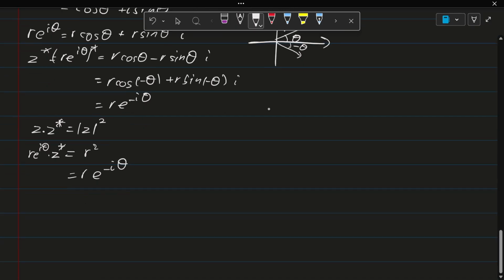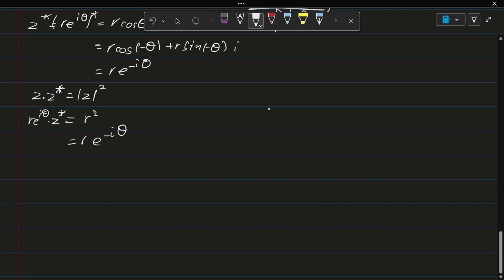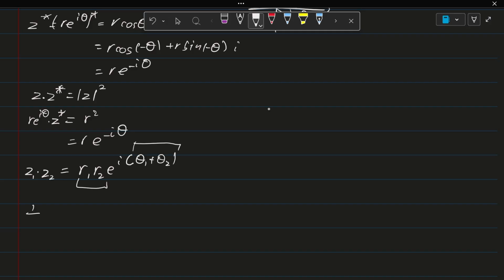Another thing is about multiplication. Let's just do this multiplication straight away. z1 times z2. What does that mean? This is just r1 times r2 e to the power of i (theta1 plus theta2). So it pretty much multiplies your magnitudes and also just adds the phase. It's that simple. And what about division? 1 over z, let's say.